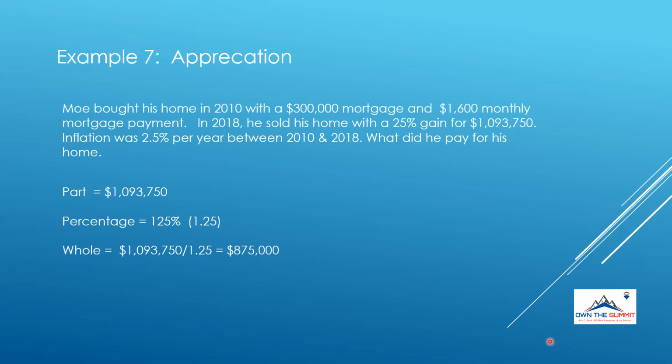If we divide the whole 1,093,750 by 1.25, we find out he paid $875,000 for his home. What was the trick here? Well, the inflation rate and the mortgage payment were totally not relevant. That's just thrown in there to try to trick you.